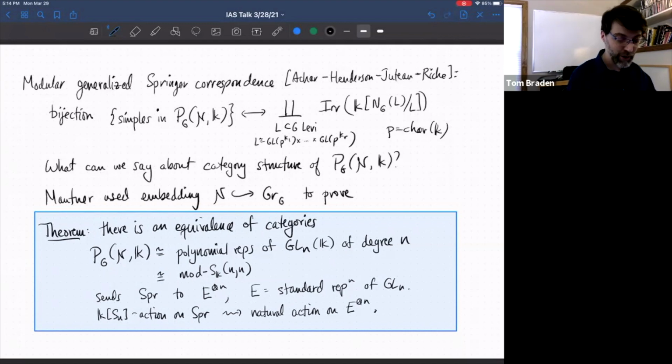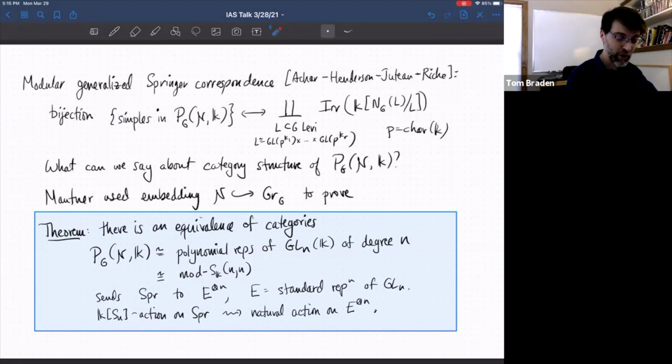And using that, he showed that there's an equivalence of categories between G-equivariant perverse sheaves with k coefficients on N, and polynomial representations of GL_n over k, where basically the torus acts with degree n. So you can think of the standard representation, for instance, which would have degree 1, and then tensor products of that would have higher degree.